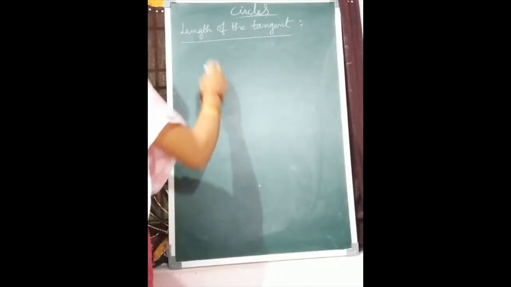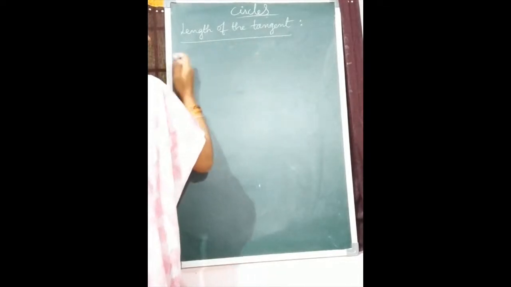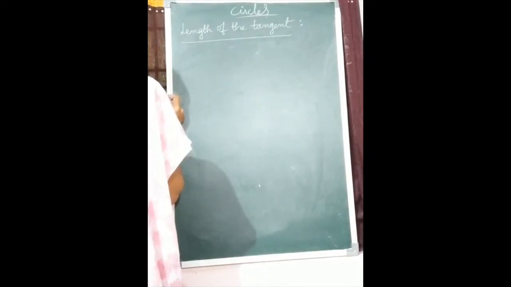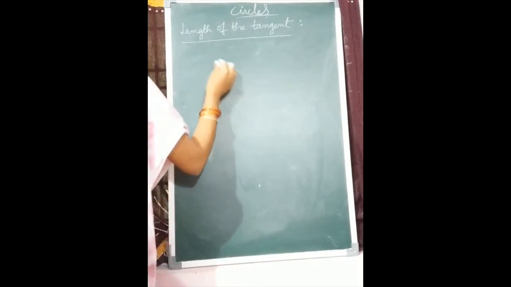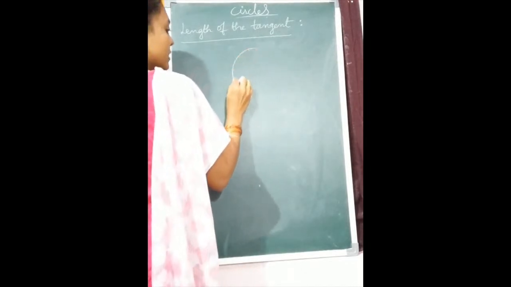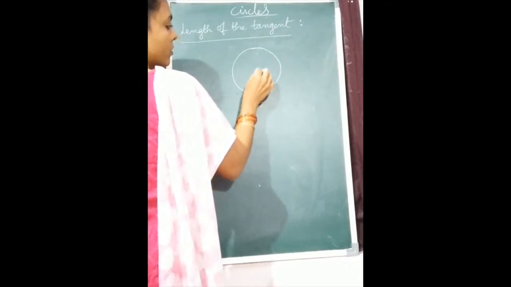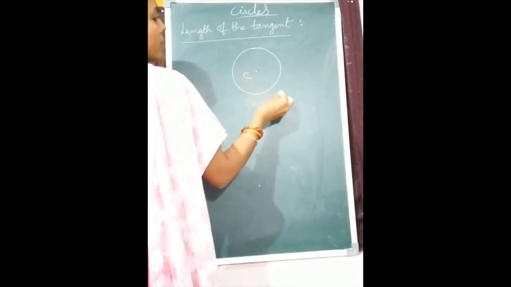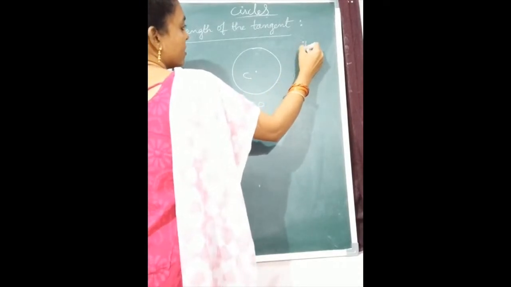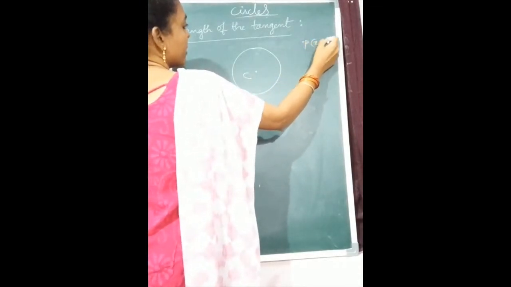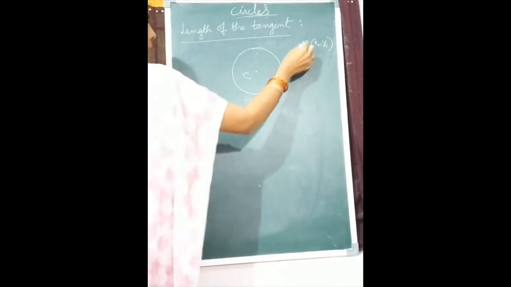Now, the length of the tangent. What is the formula for the length of the tangent? This is a circle, S is equal to 0, with center C. We take P(x1, y1), any point on the plane.